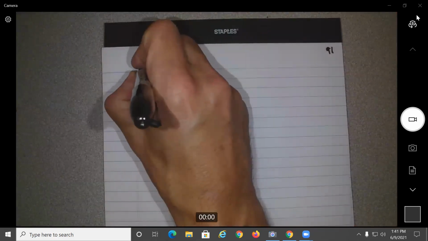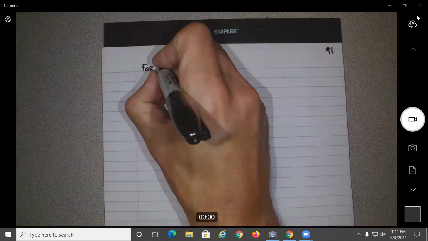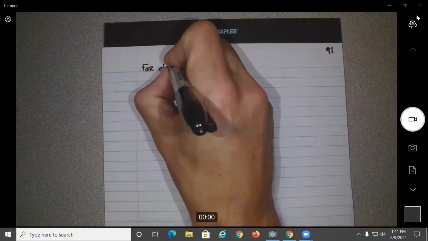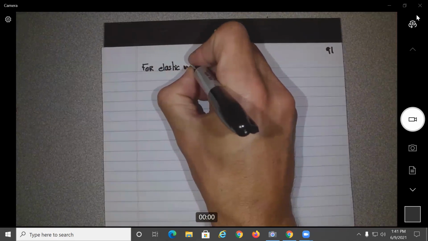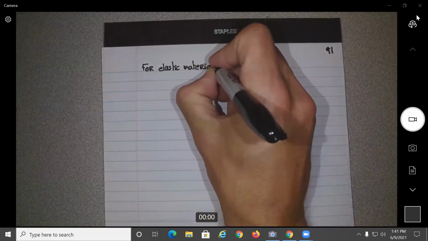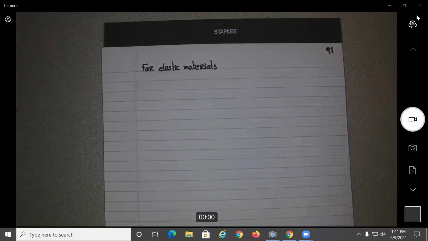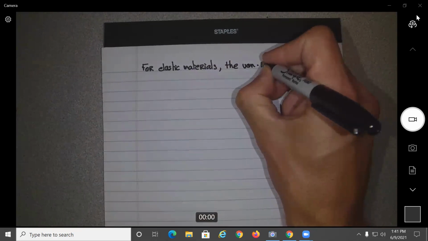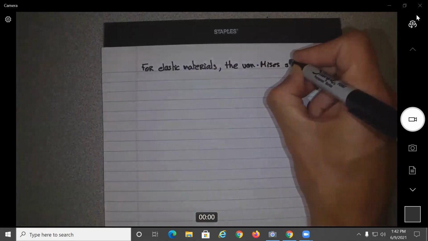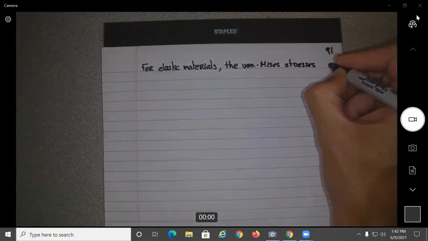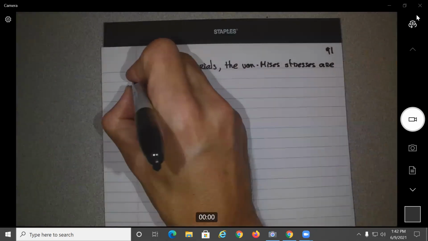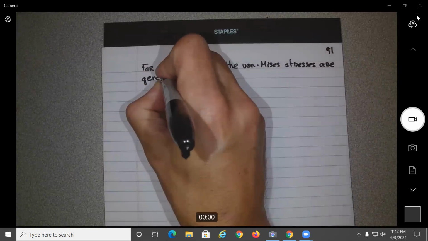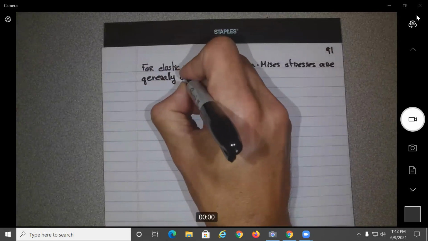But let's say for elastic materials, the von Mises stresses are generally considered.